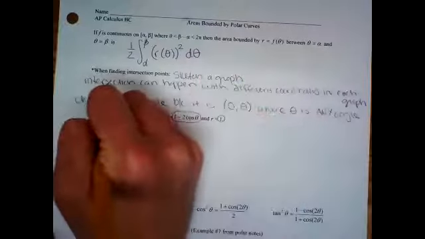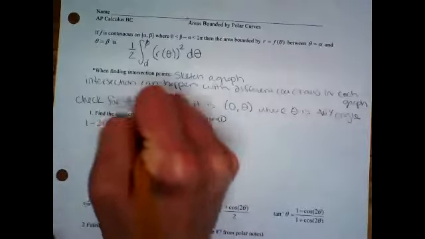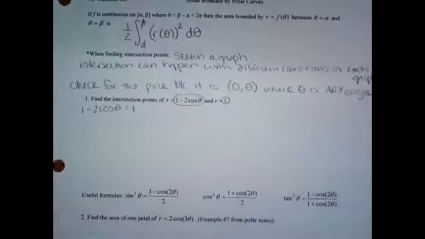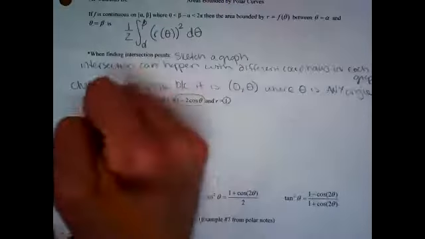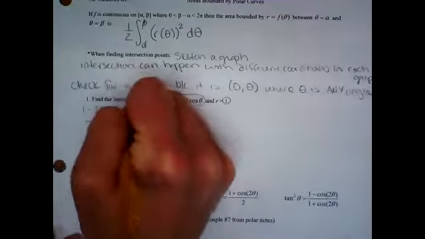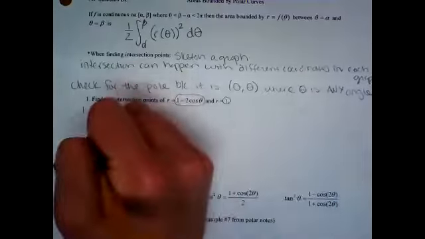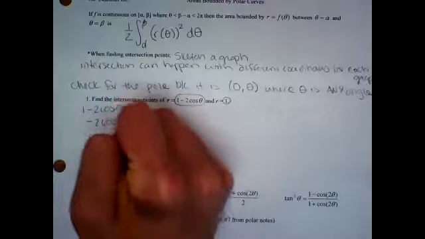So we're going to have 1 minus 2 cosine of theta equals 1, and then we'll work that out. So you would subtract over the 1, that's going to give you 0. And so we're just going to set cosine of theta equal to 0.